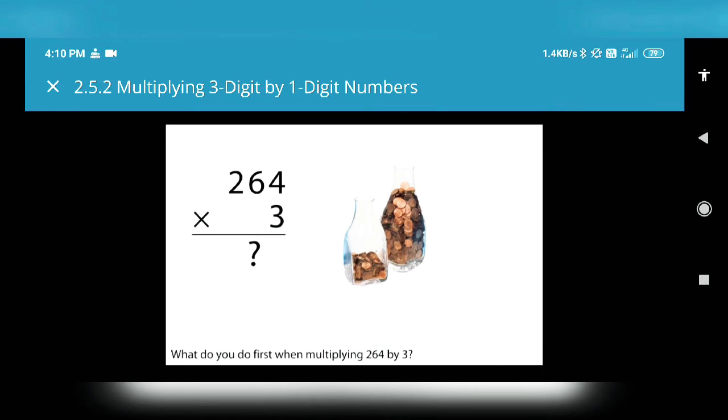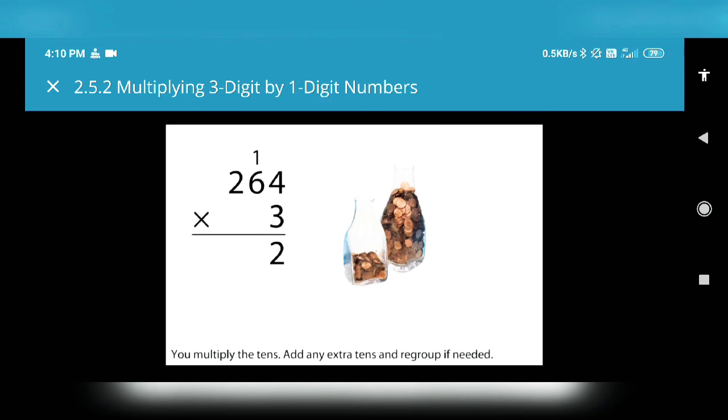What do you do first when multiplying 264 by 3? The first step is to multiply the ones and regroup if needed. Why do you regroup 12 ones? 3 times 4 is 12, so record 2 ones and regroup 1 ten. What do you do next?